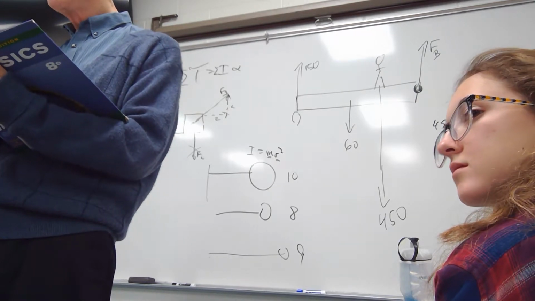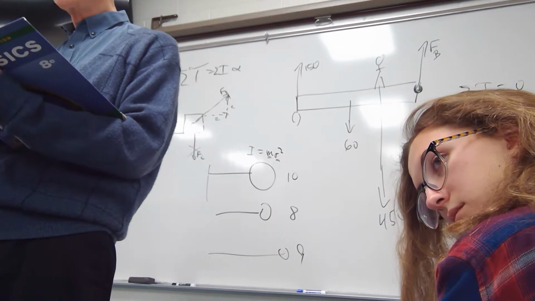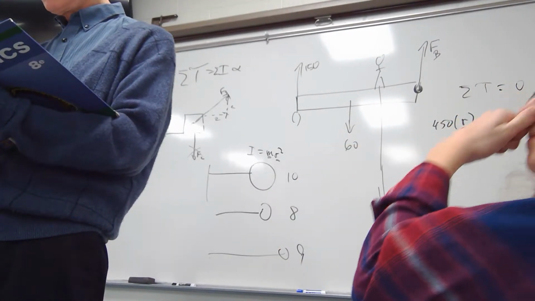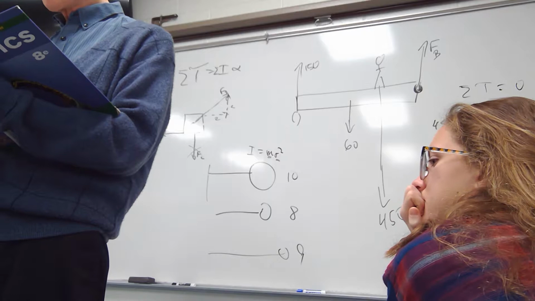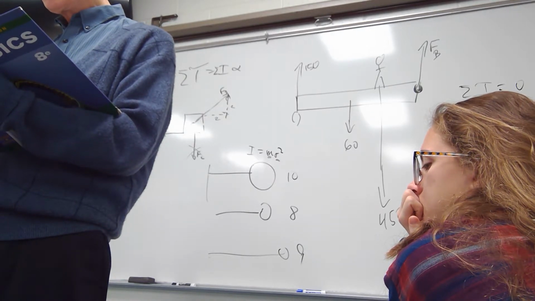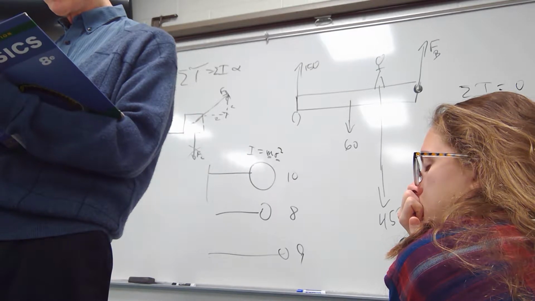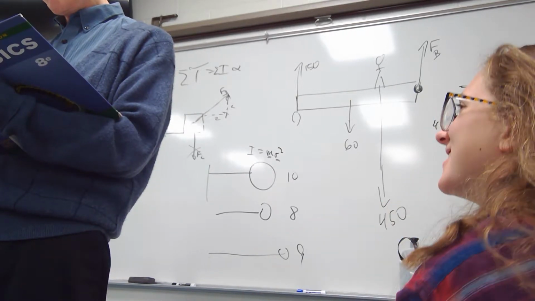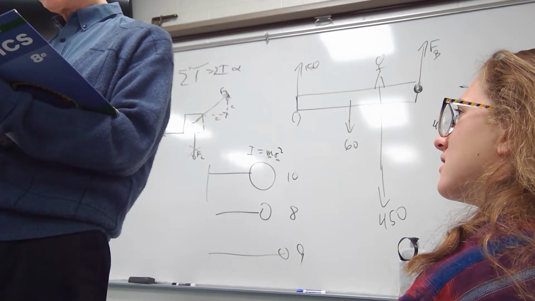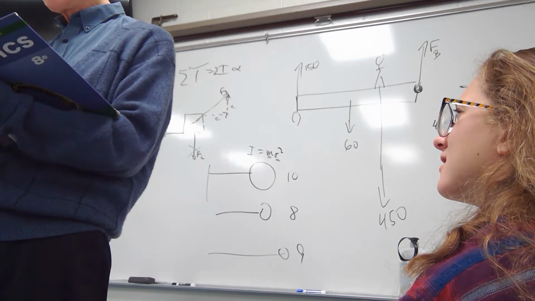Anybody get 1.3? Maybe mine's wrong. Did you get 1.3, Minho? Okay. Let's look at it. The sum of the torques is 16. What? I have 16 when I added them up. All right. No, but yes, it's 71 minus 55.